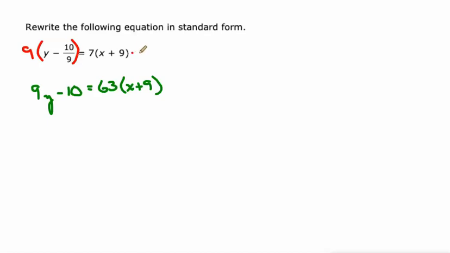But when you multiply the right side by 9, we're just doing 7 times 9. Eventually, yes, we're going to distribute this 63. In fact, that's going to be my next step. All right, so let's do that now.